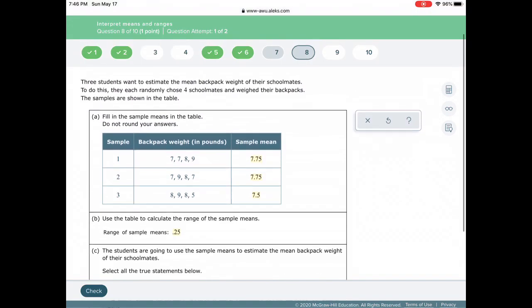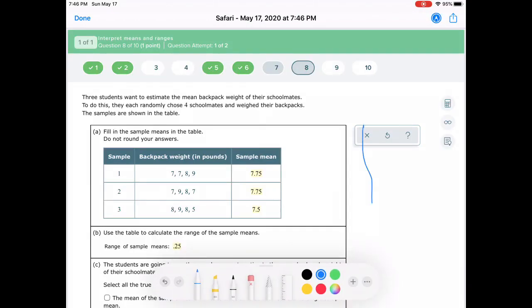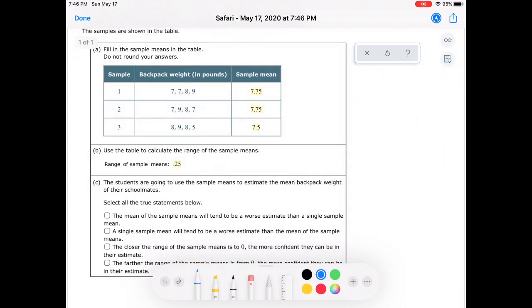So let me bring my marker up to point some things out here. It says the mean of the sample means tends to be a worse estimate than a single sample mean. So what they're talking about here, the mean of sample means, is like the average of the average. And that's actually a better thing to do, because if you took just one single sample, that may not be representative of the larger population. Just think of it this way.